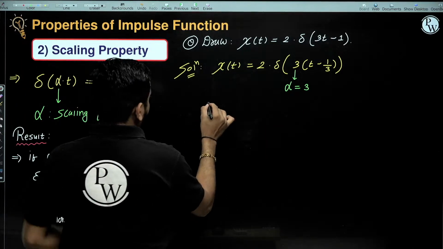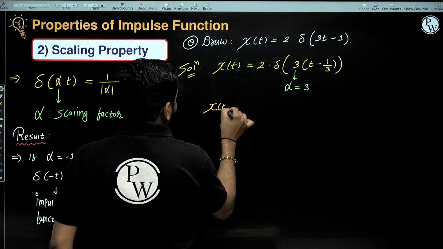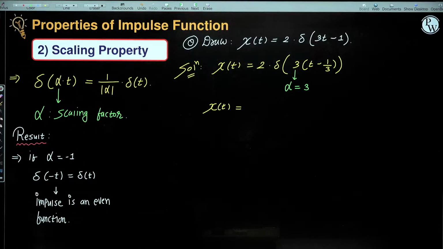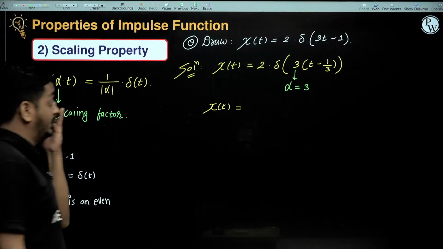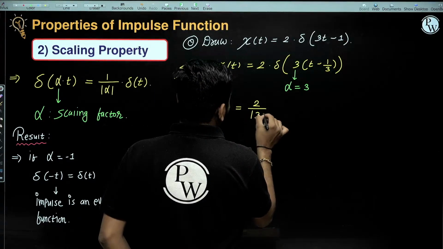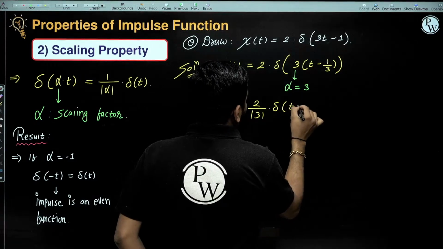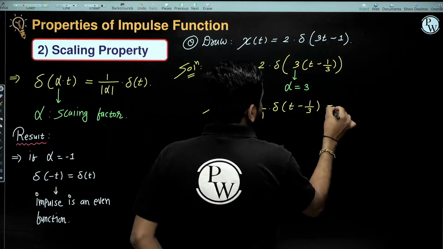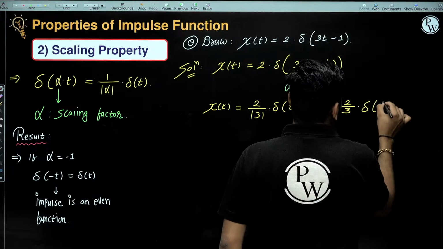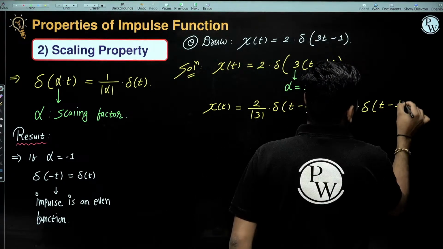So use the scaling property: 1 upon mod α into δ(t). So 1 upon mod 3 into δ(t minus 1/3), which is equal to 2/3 into δ(t minus 1/3), guys.